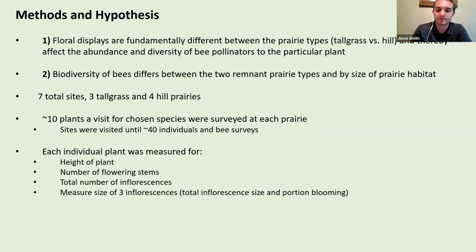The plant measurements I took were the height of the plant, the number of flowering stems from the base of the plant, the total number of inflorescence, so one of the flowering heads, and I took measures of 3 of those inflorescence, of the total portion and the blooming portion, to see if that had any impact on pollinator attractiveness.